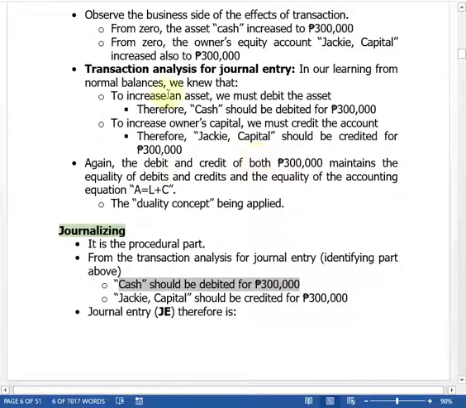From this transaction analysis, we have already concluded that cash should be debited by 300 and Jackie capital should be credited for 300. We have concluded that also in the transaction analysis, that Jackie capital should be credited by 300 because we apply simply the rules on normal balances.